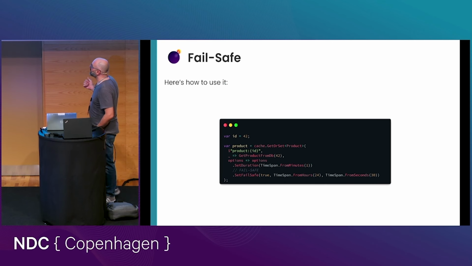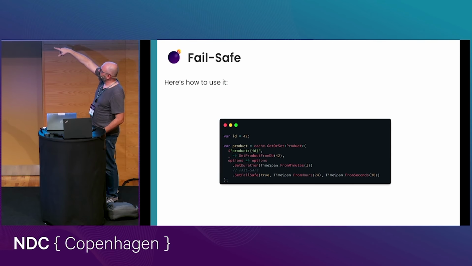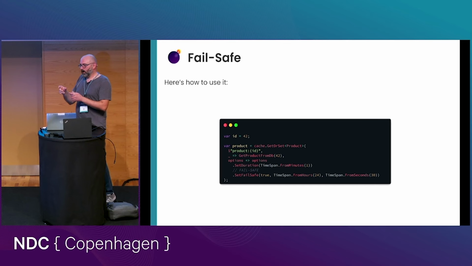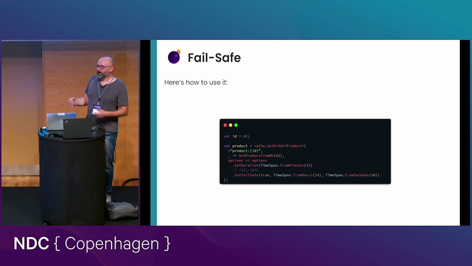And here's how to use it. Simply, when we do the call, when we specify the options, we can just say .SetFailSafe. There is a set of fluent methods that we can use. In this case, we just enable failsafe, and we specify 2 different time spans, meaning for how long we want to recache something when there's a problem, and the other one, the first one, is for how long should this dance of retrying and retrying go on at the most. Because maybe we don't want to go on forever like that.